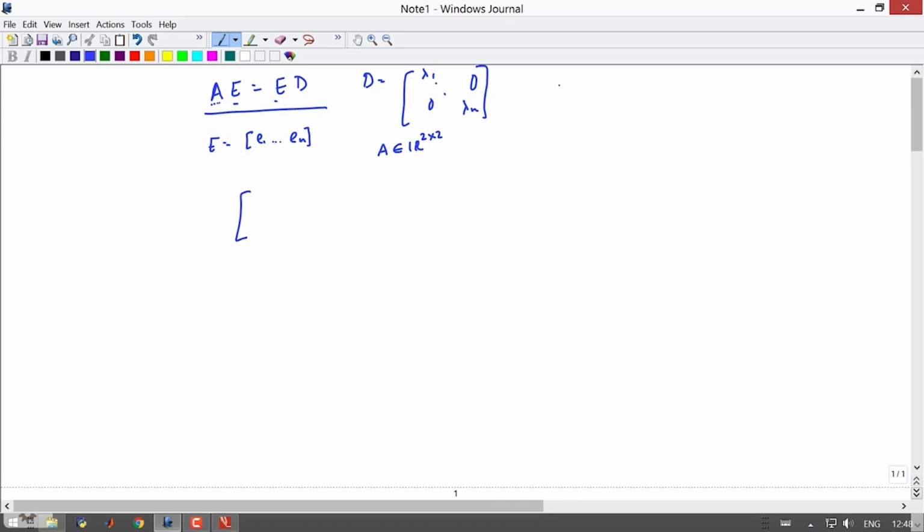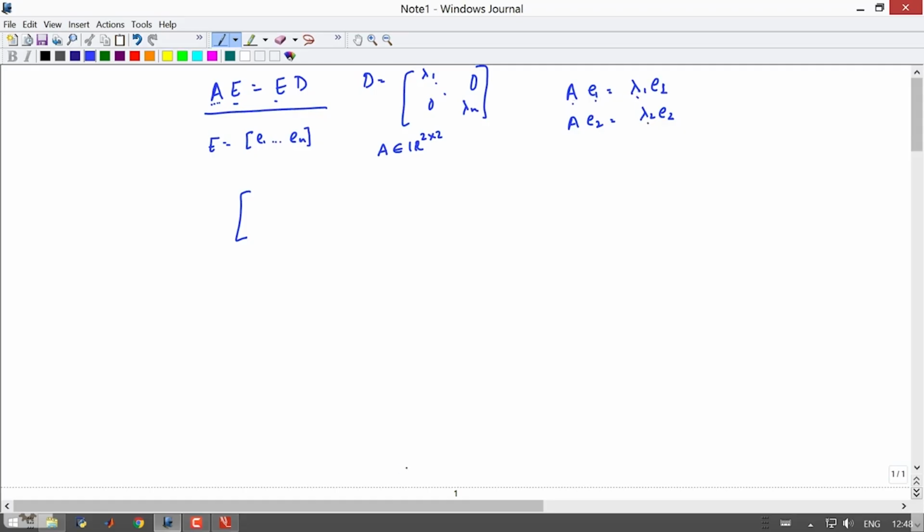What do I know of the relation? A times E1 is lambda 1 times E1, and similarly A times E2 is lambda 2 E2. So given a matrix A, I have an eigenvector E1 which satisfies this relation corresponding to an eigenvalue lambda 1, and similarly with lambda 2.